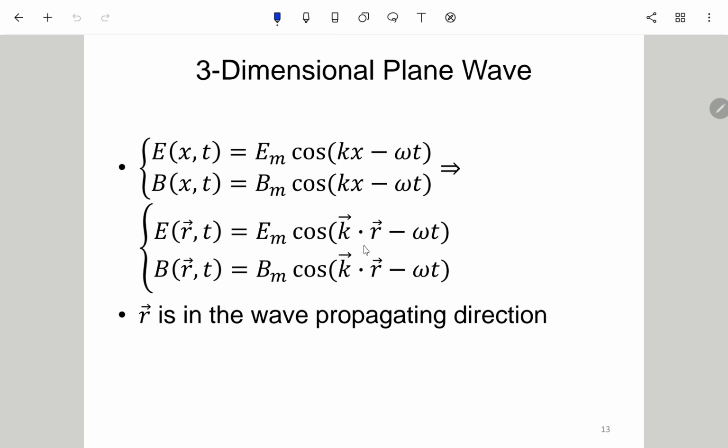And then what we need to change is that the k, the wave number becomes a vector. So it is dotted with the positional vector. Okay, originally k times x, but here the k vector dotted with r vector. Okay, so as this one. Okay, so this is the general three-dimensional plane wave for the wave equation.